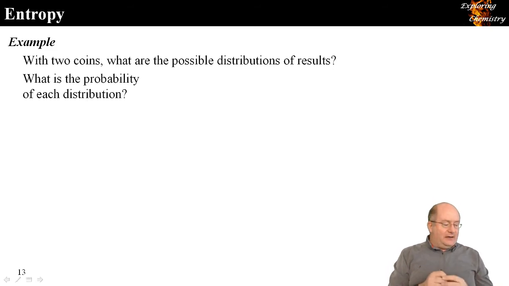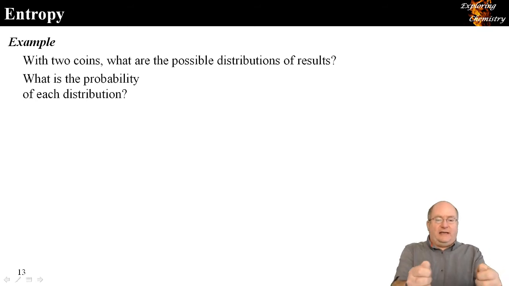What is the probability? Now let's talk about it in the context of flipping a coin. So imagine I had a quarter. If I'm flipping a coin, the probability of that coin coming up heads is 50%, 50% heads, 50% tails. If I had another coin, the probability that it would come up heads is also 50%.